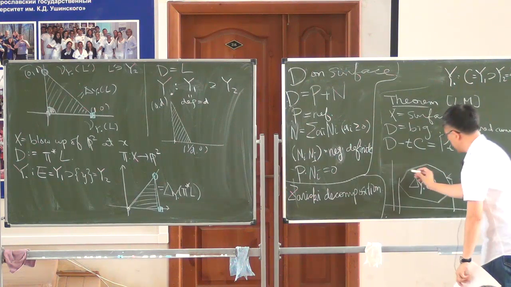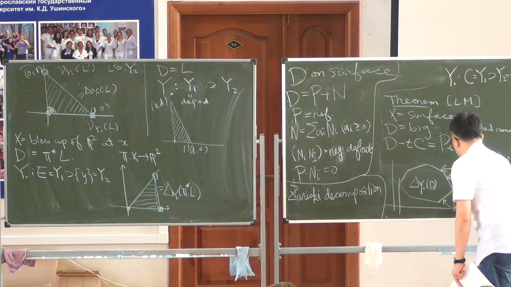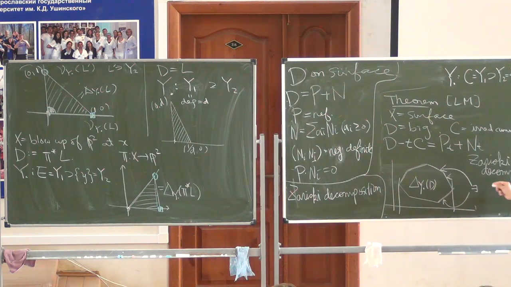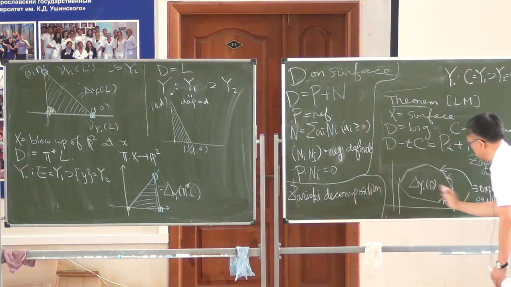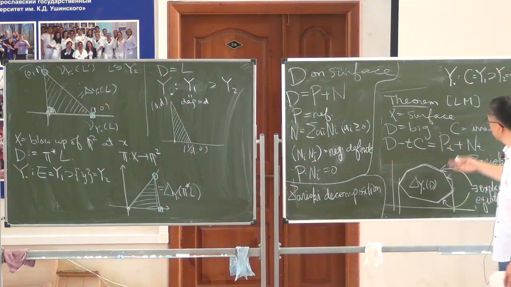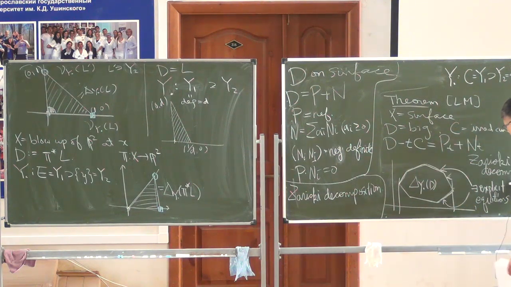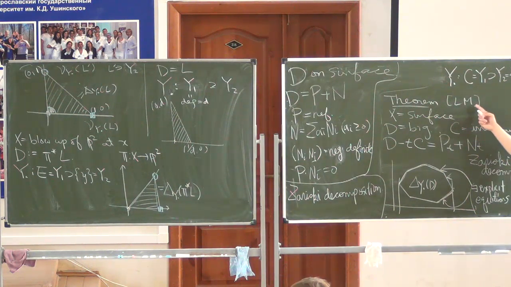Then there is an explicit equation for these lower bounds and upper bounds in terms of the Zariski decomposition. So you can find explicit equations, and it's not too complicated.